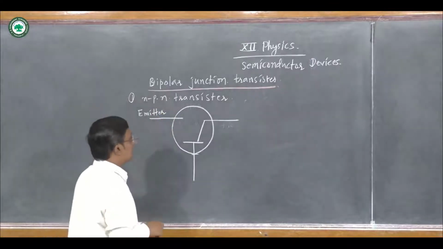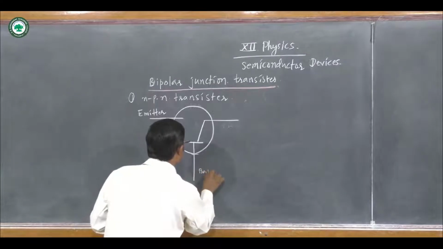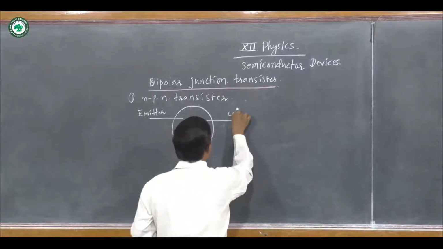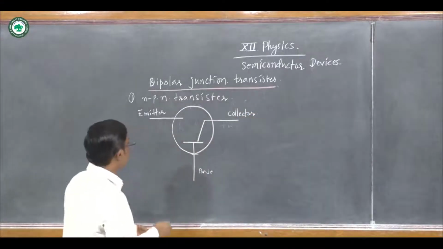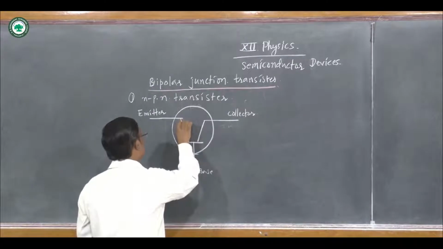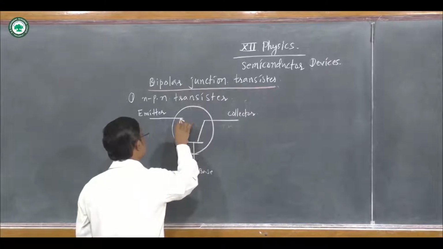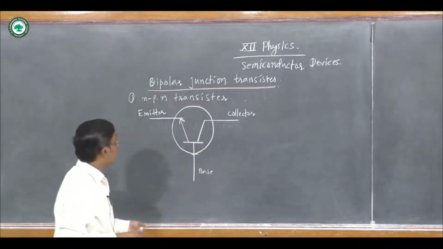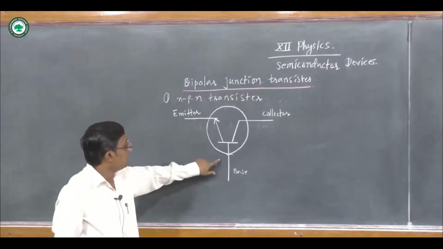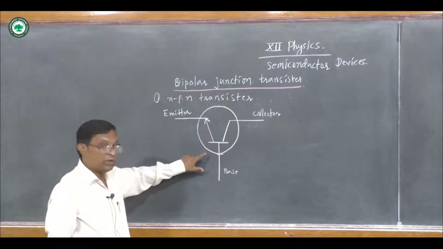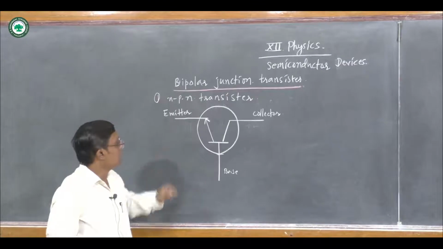The three terminals of the transistor: one is the emitter, this one is the base, and this one is the collector. Now the direction of the flow of the current is given by this arrow. In the NPN transistor, the direction of the arrow is outward from base to emitter.